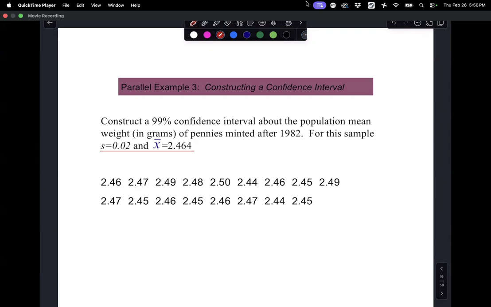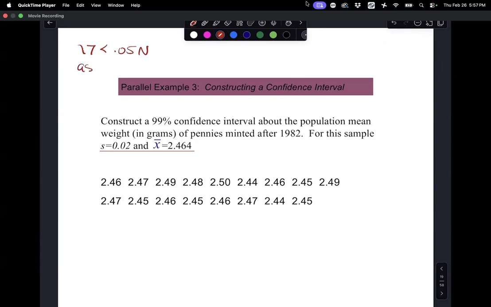Okay, so we're at 2, 4, 6, 8, 10, 12, 14, 16, 17. So 17 is less than 5% of our population. Absolutely. It doesn't say that it's normally distributed.